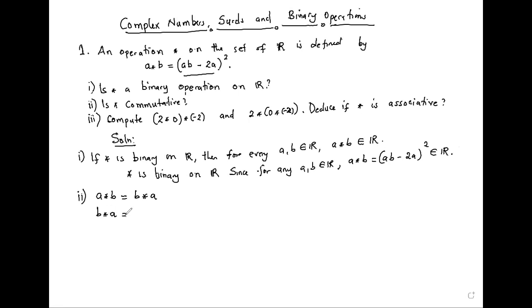So B star A means, instead of multiplying AB, you multiply BA, minus, instead of saying 2A, since the place of A has now been taken by B, so now multiply 2 by B, and still have it squared.